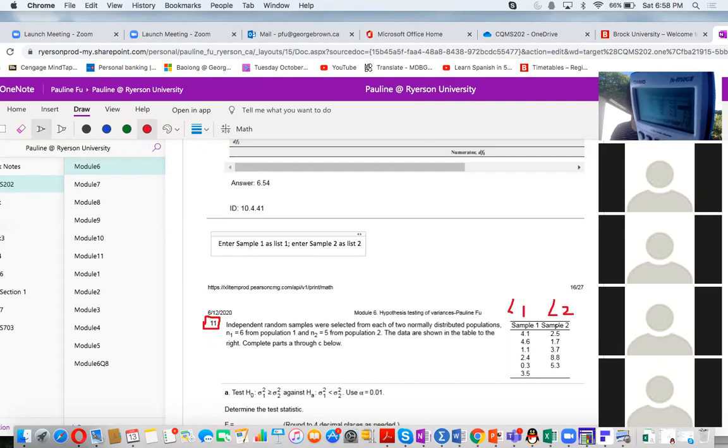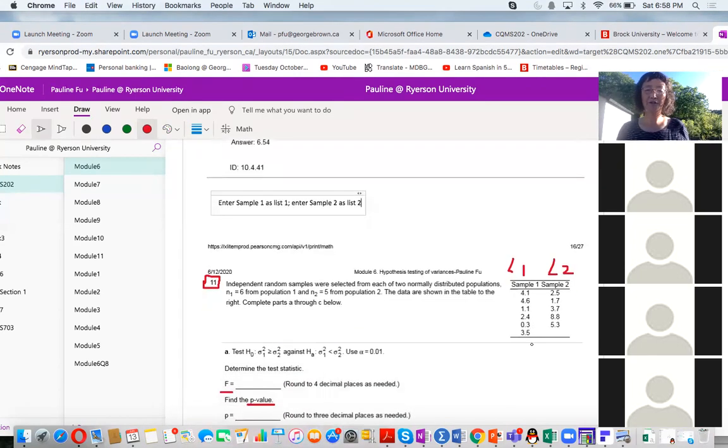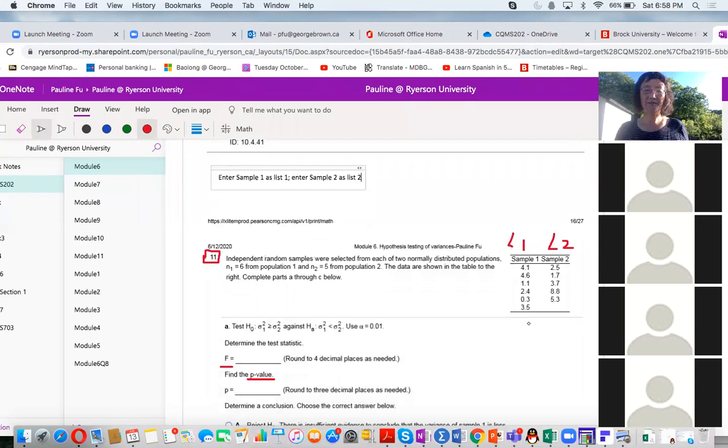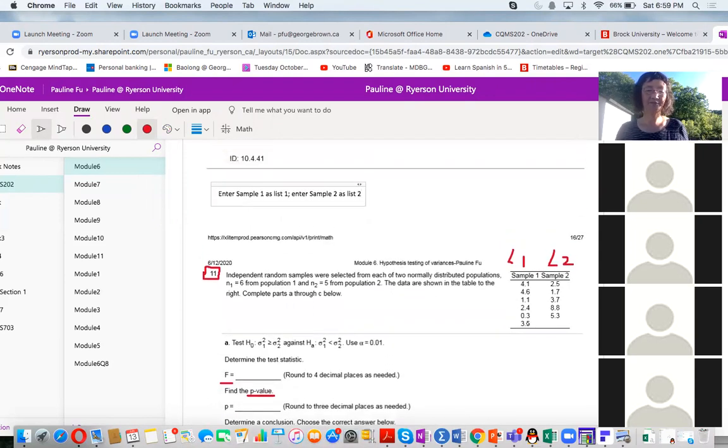So enter one sample as one list, the other sample as another list. I give you maybe just a few moments. You enter the data.